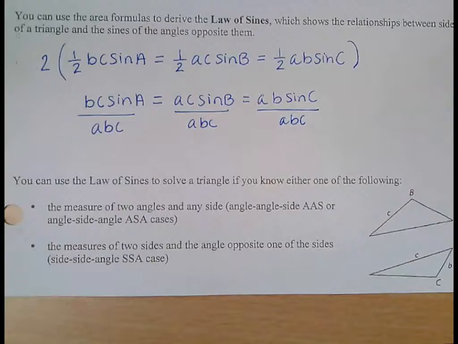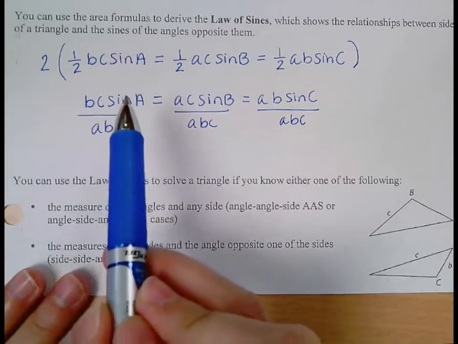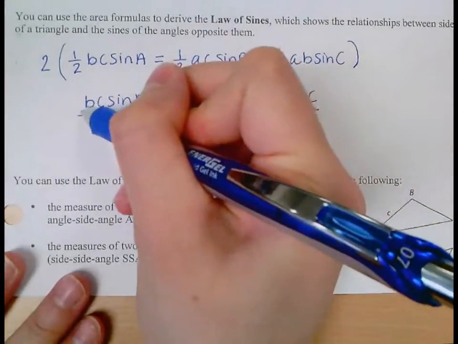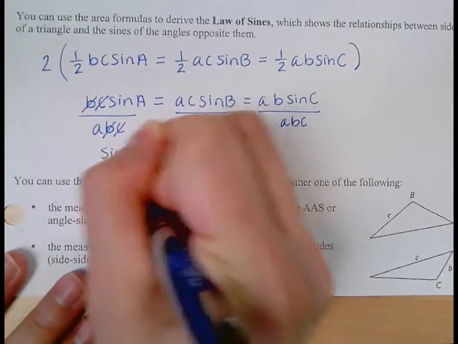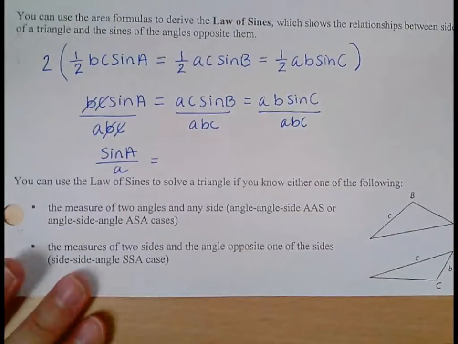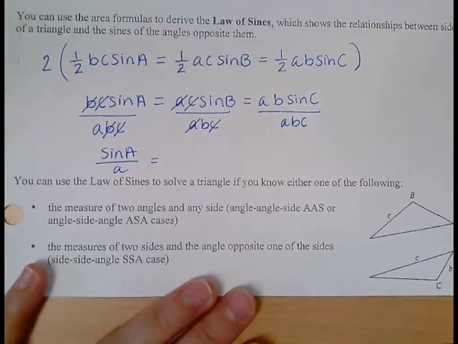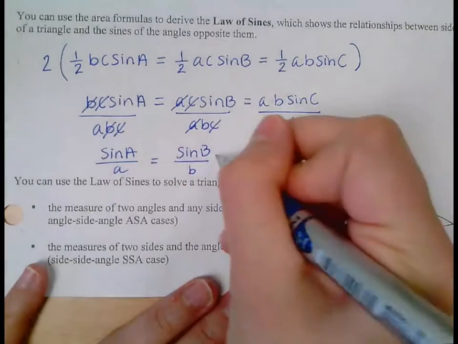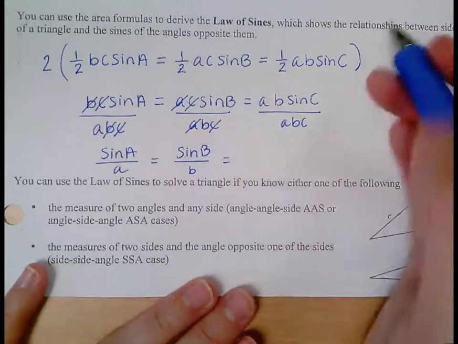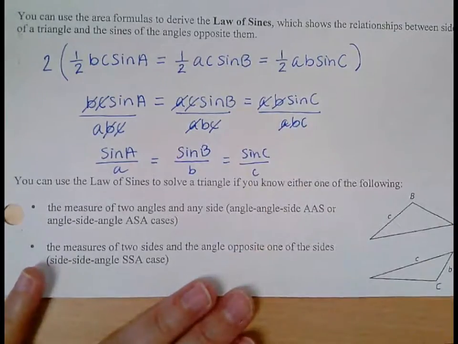As long as I'm dividing all three of them by the same quantity, it's a true equation. For the first part, side lengths b and c will cancel out, and we just have sine A over a. For the middle part, a and c cancel out, and we have sine B over b. For the last part, a and b cancel, and we have sine C over c.